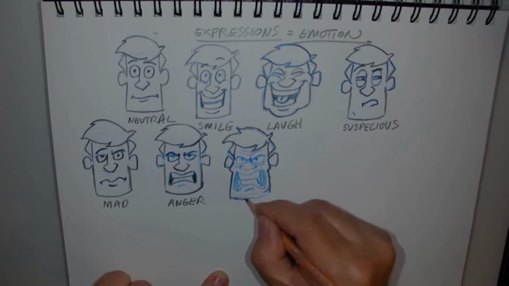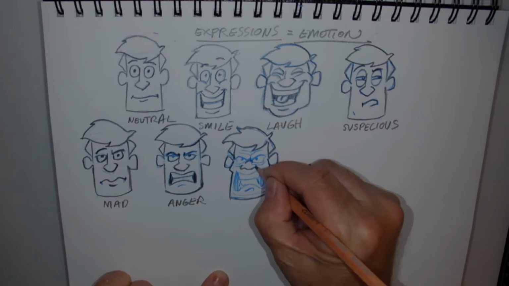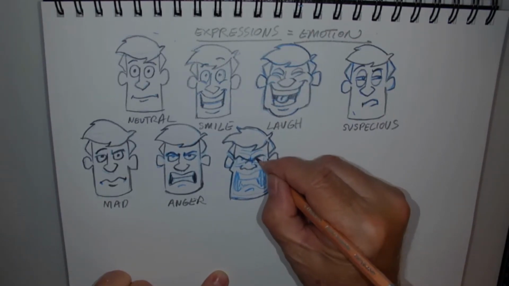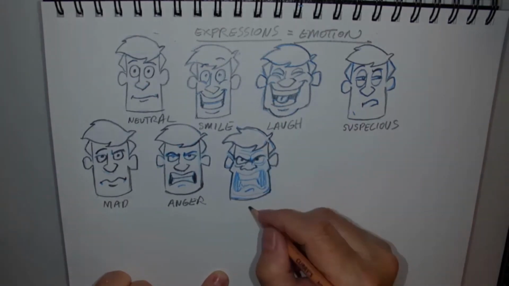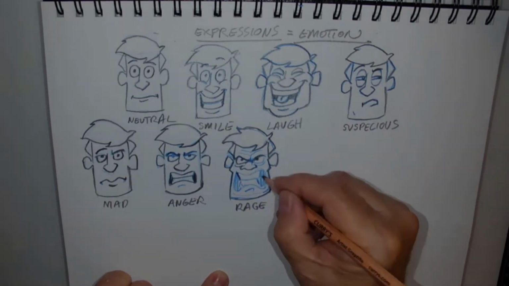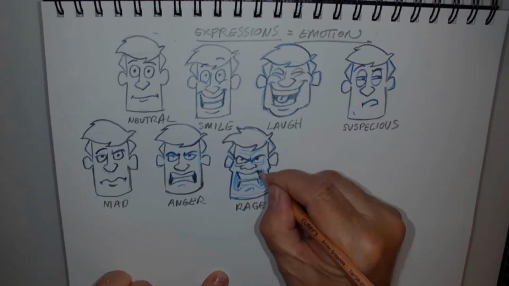So you can see in this case I've taken a lot more detail, lines and such, and really pushed everything to the point where he is, and in this case he is in a rage. And again, lots of descriptive words can come up with a lot of these expressions.